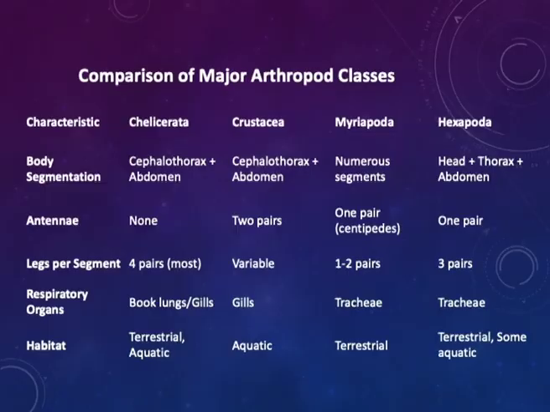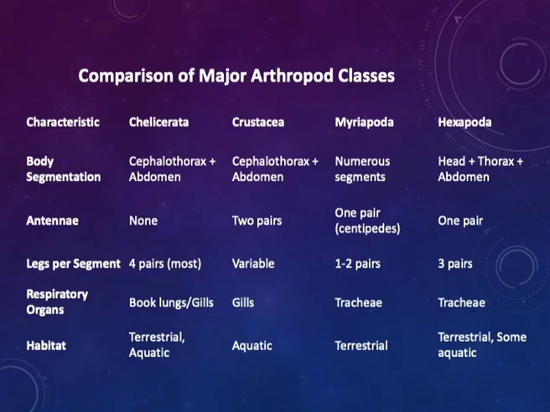Legs per segment, how the legs are present in each group. In Chelicerata, 4 pairs are present, and in Crustacea variable legs are present. When it comes to Myriapoda, 1 to 2 pairs of legs, and Hexapoda 3 pairs of legs.